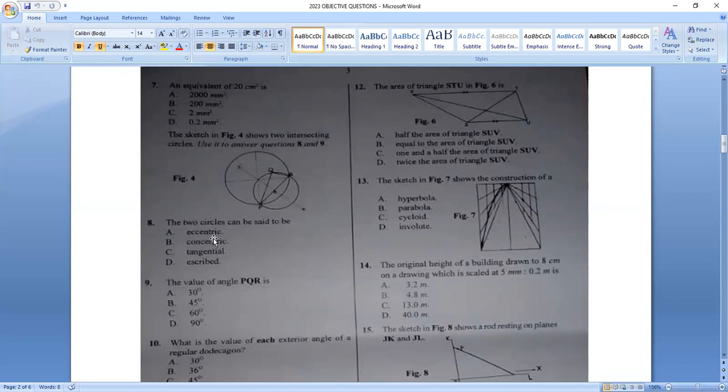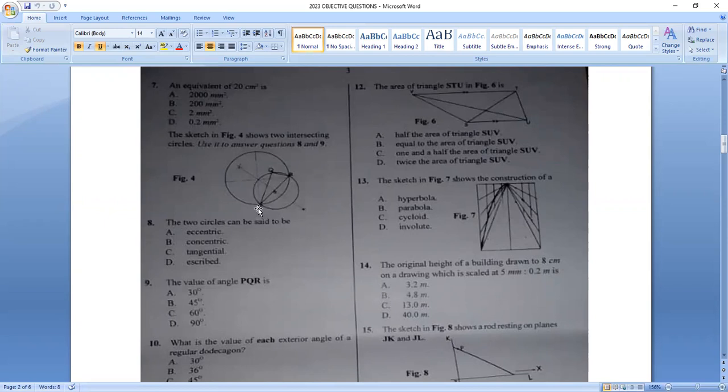So they are not concentric, they are not tangential, and they are not inscribed. So my answer to this question is eccentric. They are eccentric circles because they are not drawn from the same center, and then they also have different radius.